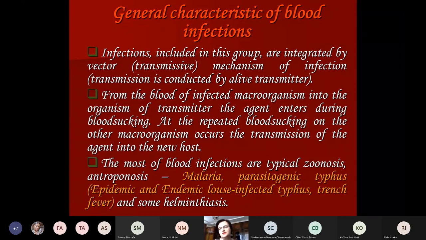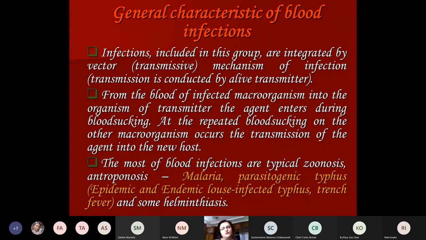You have to understand what blood infections mean and what the main peculiarities of such infections are. Infections included in this group are integrated by a vector, transmissive mechanism of infection. Transmission is conducted by a live transmitter, which can be any, but as a rule arthropods, you have to remember.